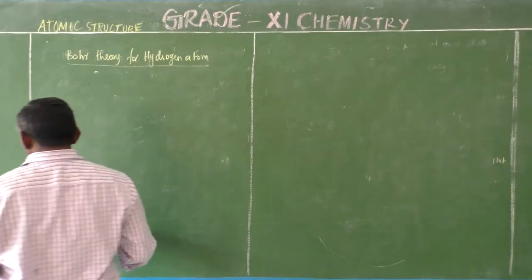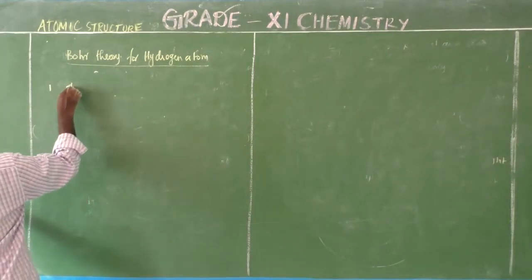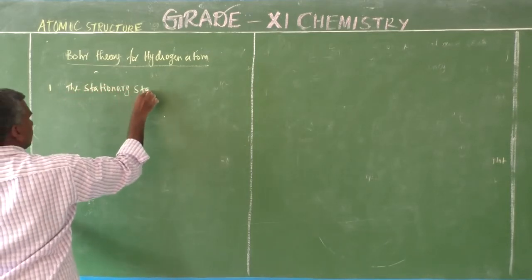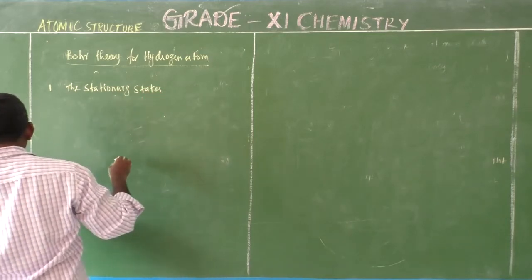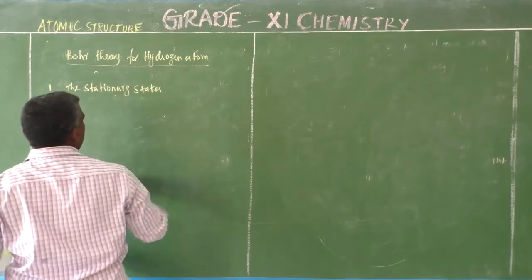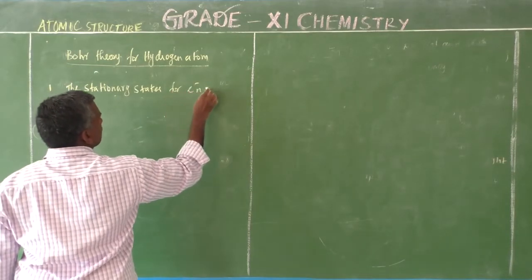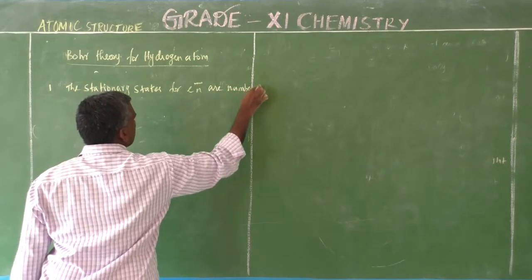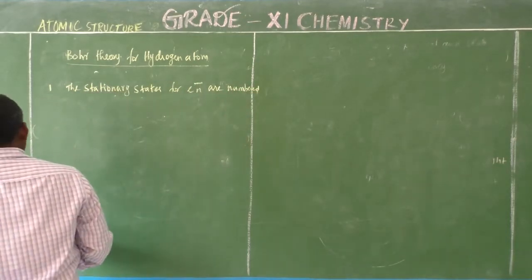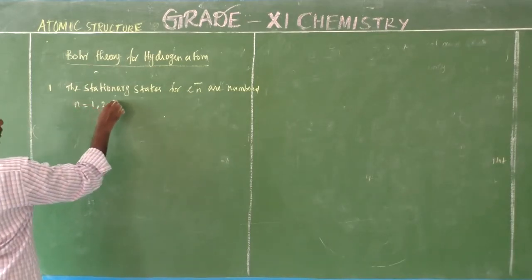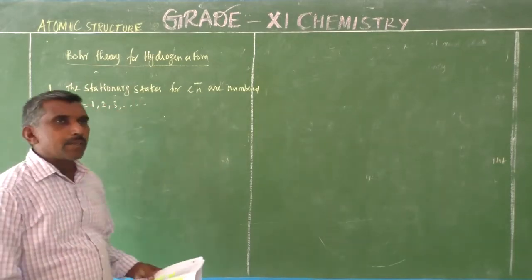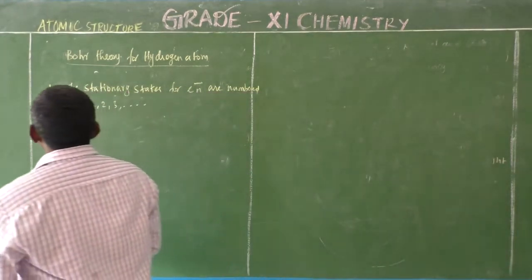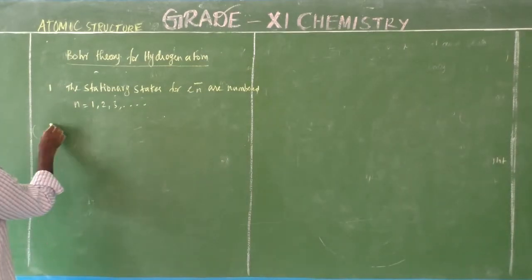First one, the stationary states for the electron are numbered, that is n equal to 1, 2, 3 and so on. So the electron is present in the first cell, second cell, or third cell. Now the radius of the stationary state is very important.